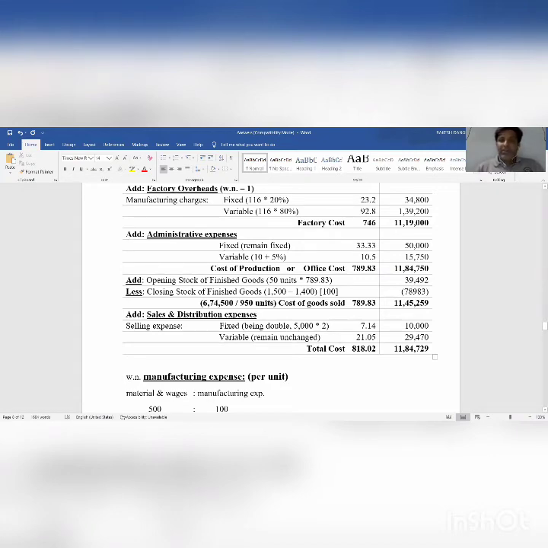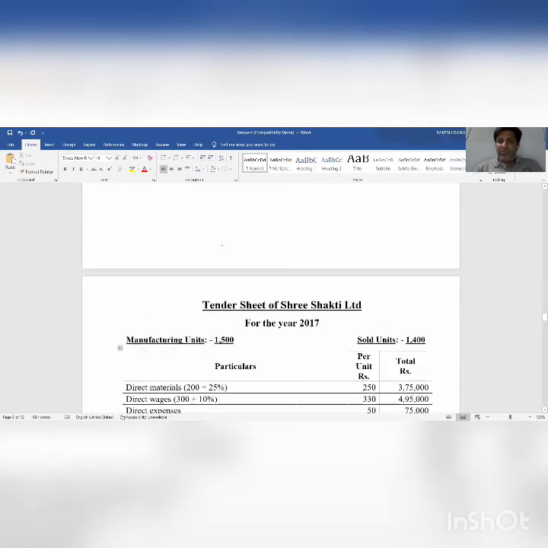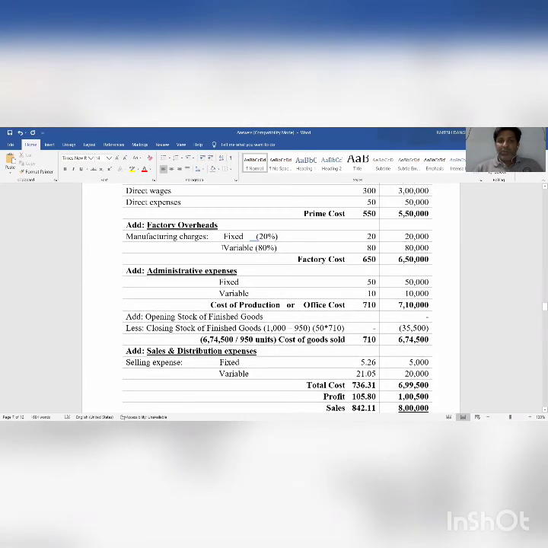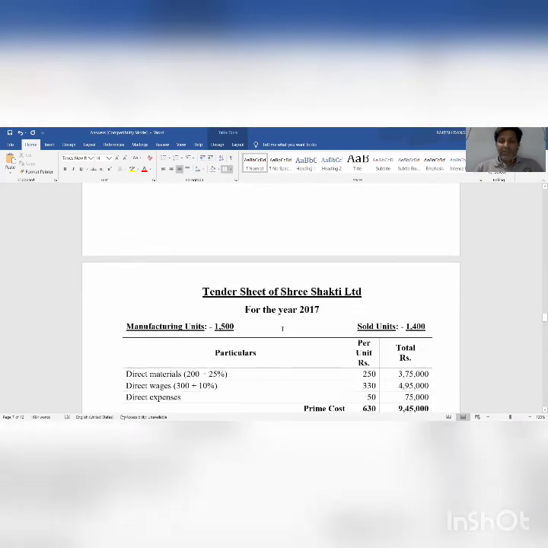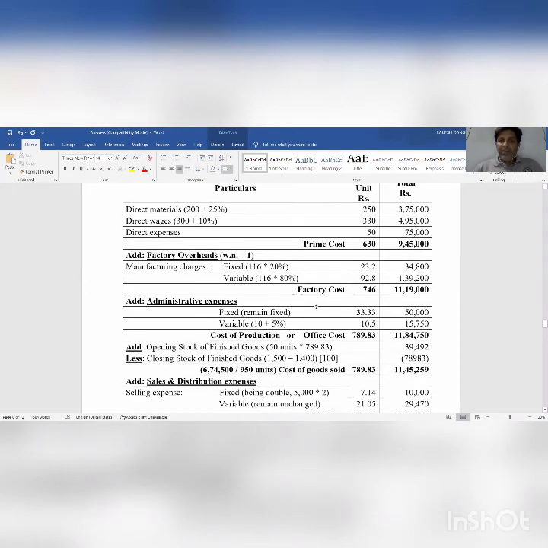Fixed administrative expense in the previous year 2016 was rupees 50,000 in total amount and rupees 50 unit wise. But as per the default rule, if a fixed expense remains unchanged, then it remains fixed in total amount, never in unit wise.